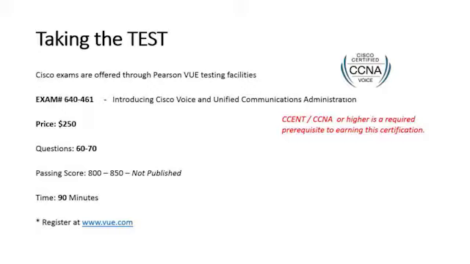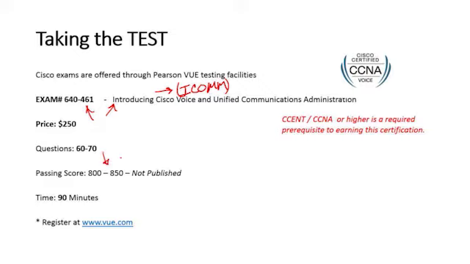So the one thing I do want to make sure we discuss about this test, for those of you who want to take it, is it is 640-461. It is called Introducing Cisco Voice and Unified Communications Administration, also known as ICOMM. That's actually the abbreviated test number. There's going to be between 60 and 70 questions.